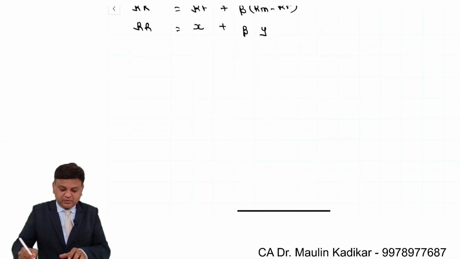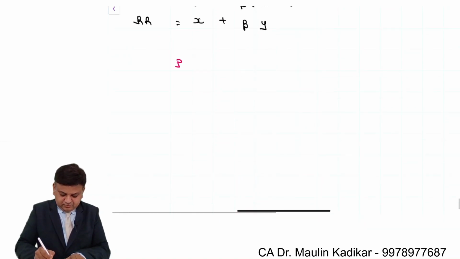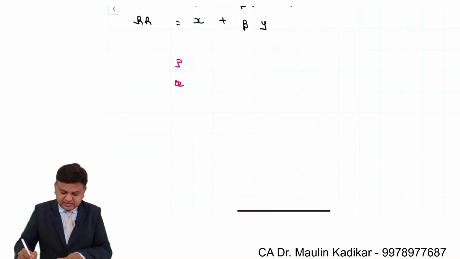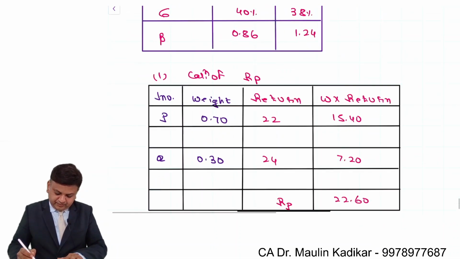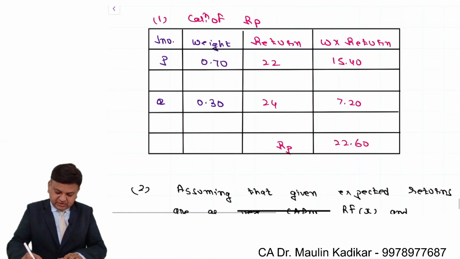There are two securities provided to us, P and Q. As far as security P is concerned, its return is provided as 22%.